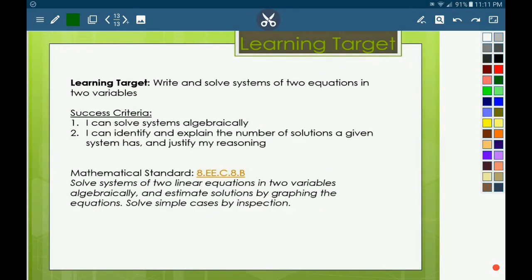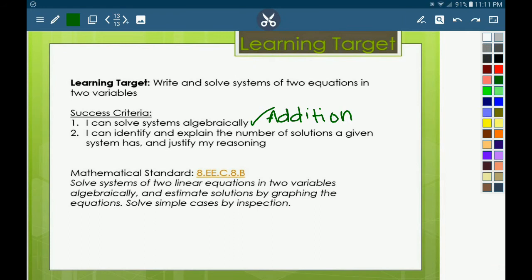Alright, ladies and gentlemen, so that concludes our examples for solving by elimination using addition. We were able to write and solve systems of two equations and two variables. Our success was that we were able to do this algebraically. We used the addition method, or the elimination by addition method.